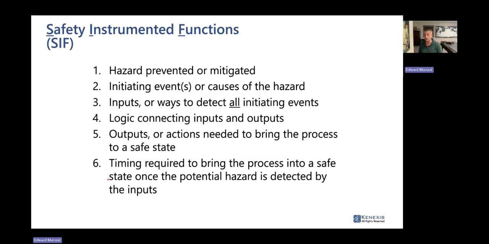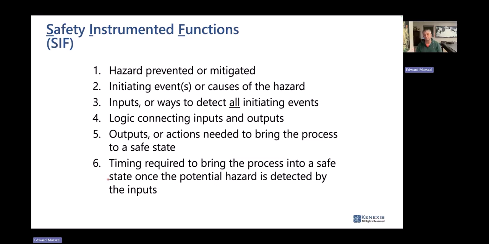So if you're a user of the Vertigo software, when you first click on the diamond icon, you're going to get the safety instrumented function list. And most of this information is going to be contained right there in that list. So number one, I need to know what is the hazard that I am trying to prevent. Often that's going to be documented in the definition or the description of the SIF.